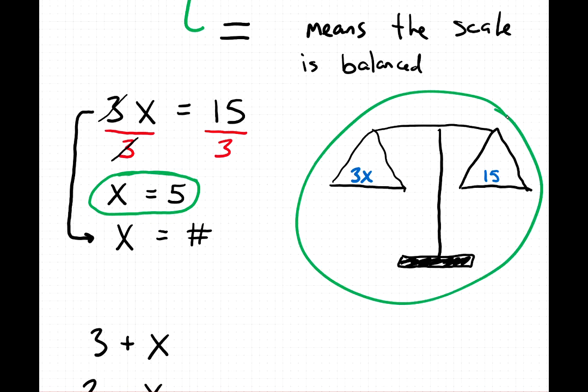That gives you balance. 3 times 5 on one side, 15 on the other side, they mean the same thing. And the way in which we solve the equations is by applying mathematical operations, adding, subtracting, multiplying, and dividing, but doing it in the same way to both sides of the equations. If you're going to change one side, you have to change the other side in exactly the same way.